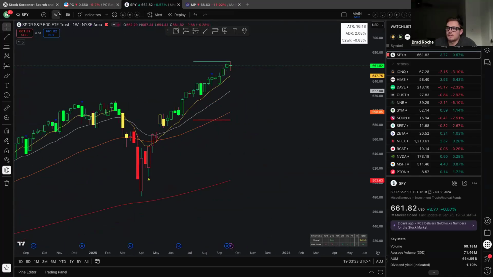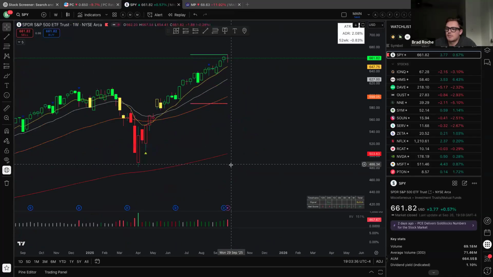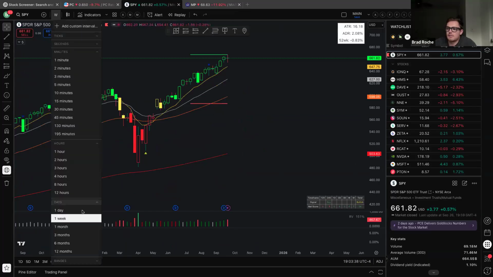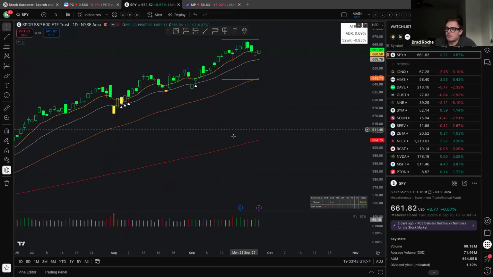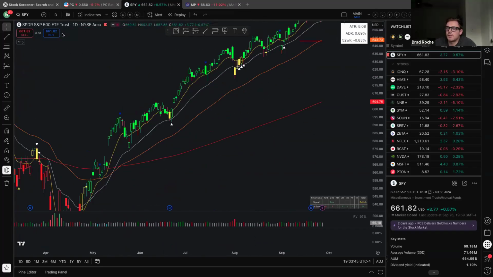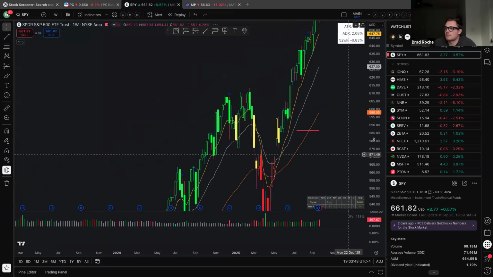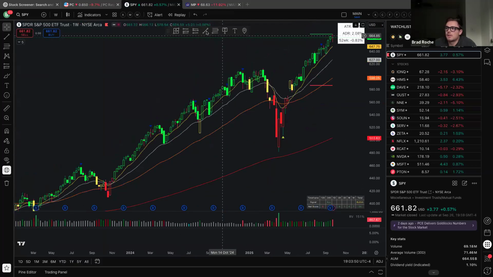Okay, so starting with the indexes. Looking at SPY, everything looks fine. If we do a little historical analysis, right? And we look back in here, we had periods of time right here, right here, right here, right here, where we held the 21 EMA over and over again, never had a close below, and had plenty of times to test it.